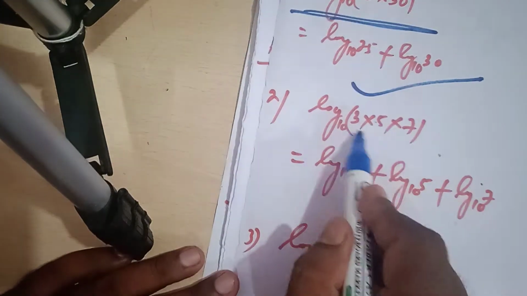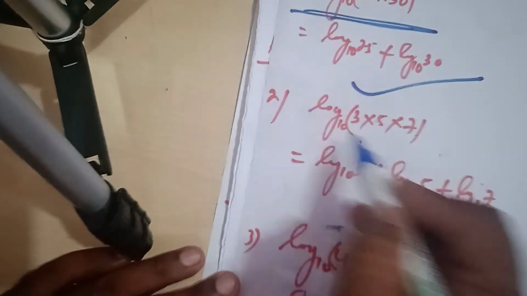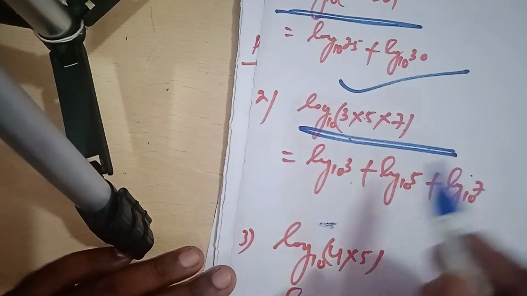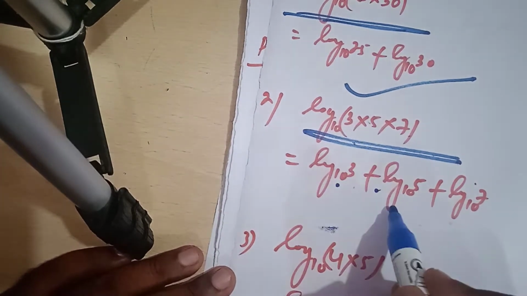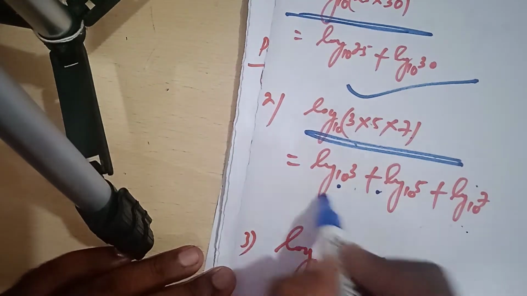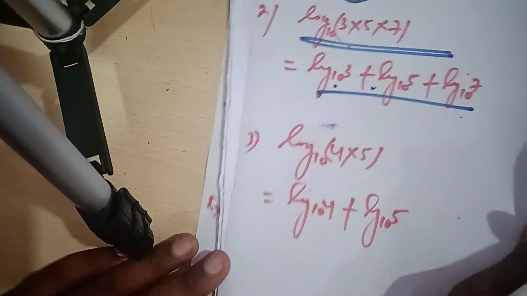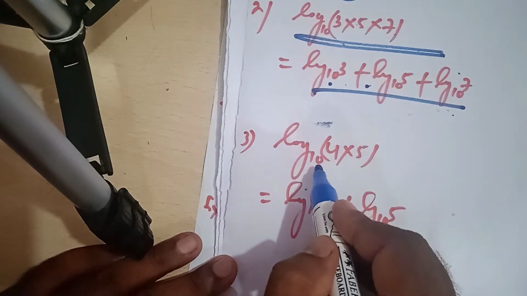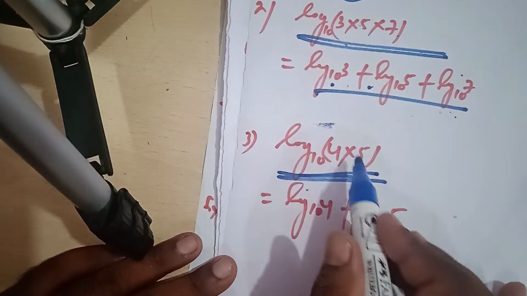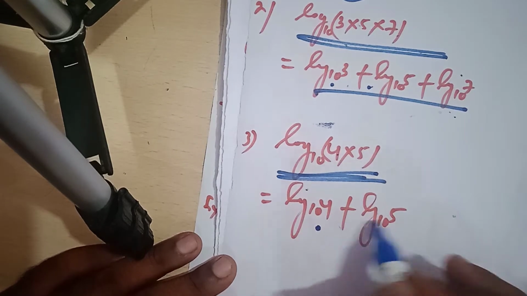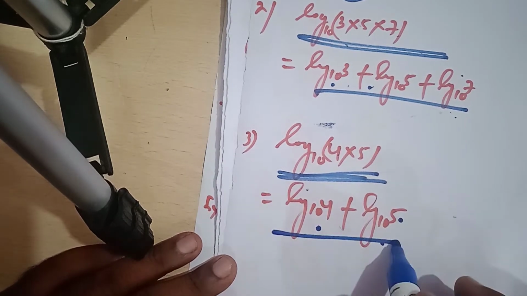Again, log of 3 into 5 into 7 to the base 10. Result is log 3 to the base 10 plus log 5 to the base 10 plus log 7 to the base 10. Again, log of 4 into 5 to the base 10, this is multiplication. By the multiplication rule, it is equal to log 4 to the base 10 plus log 5 to the base 10.